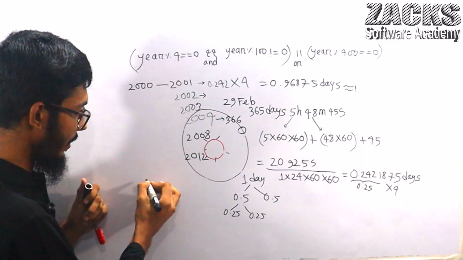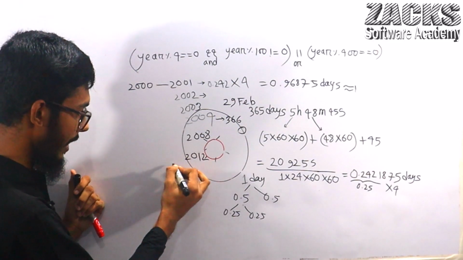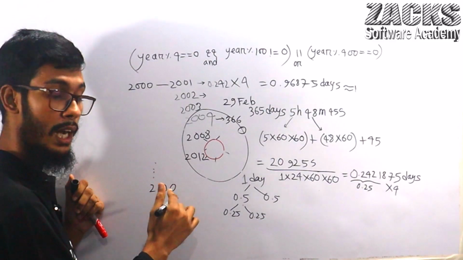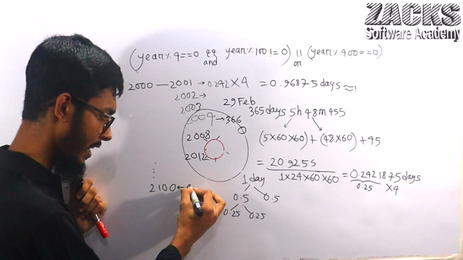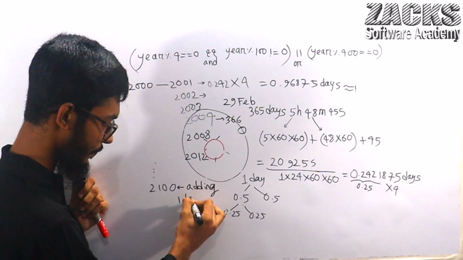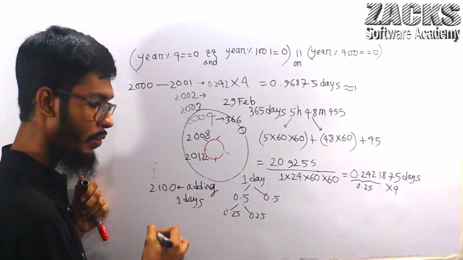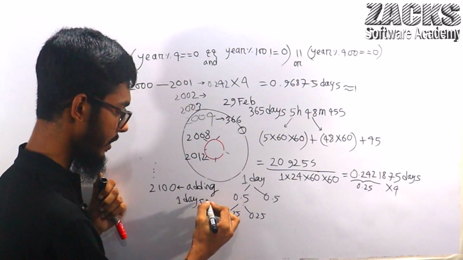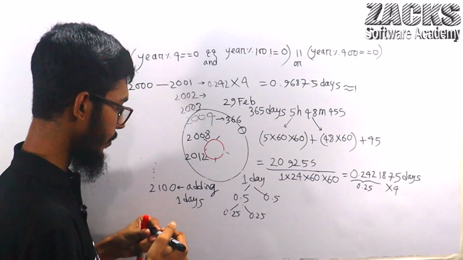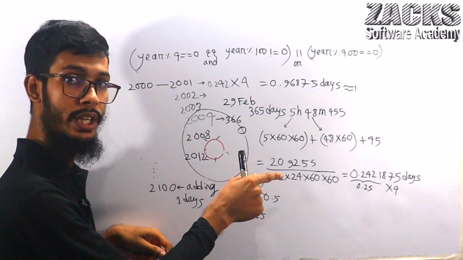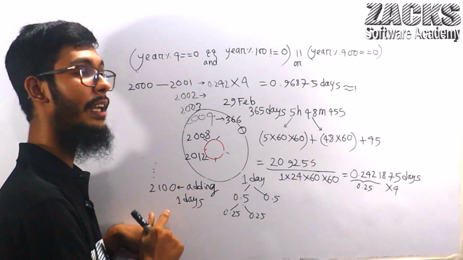In the same case, sir, for example, if we get to 100, in this century year, we are extra adding 1 day. Sir, why are we extending 1 day? Because of this 4 year gap. Already you know this concept. Because of 4 year gaps, we are going to add an extra day. So according to our rule, this year is also a leap year.